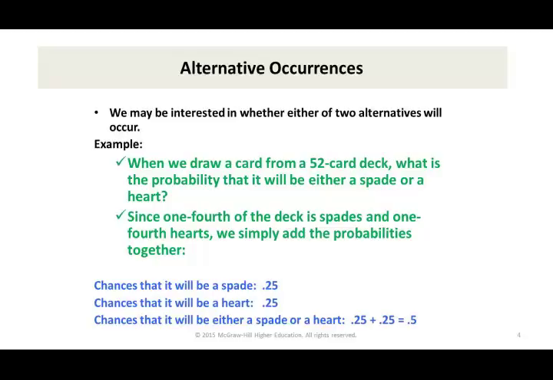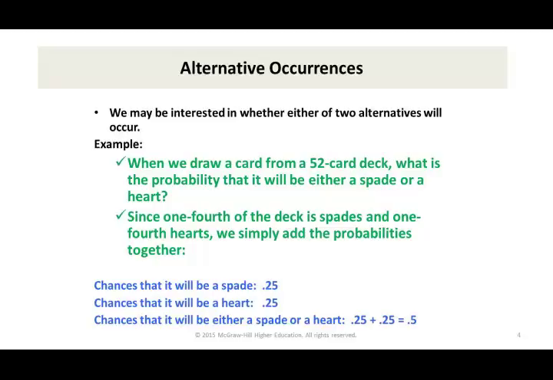The odds that we'll get a spade or a heart are going to then be 1/2 or 0.5 plus, I'm sorry, it's actually 0.25 plus 0.25. So the chances that we'll get a spade or a heart is going to be 0.5. Sorry, I should have put that up on the screen for you.